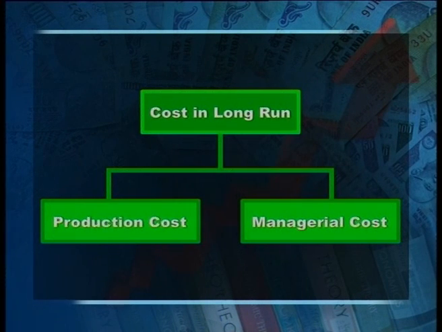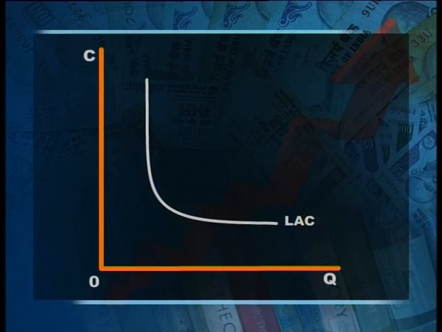Therefore, with the expansion of output, production costs will fall continuously, and as the scale of operation expands, managerial costs will increase, thereby resulting in the L shape of the LAC.